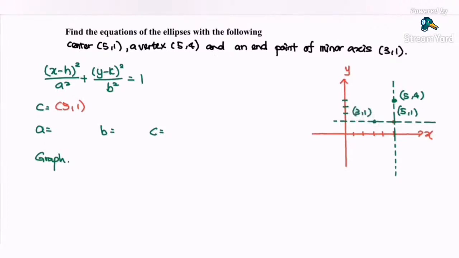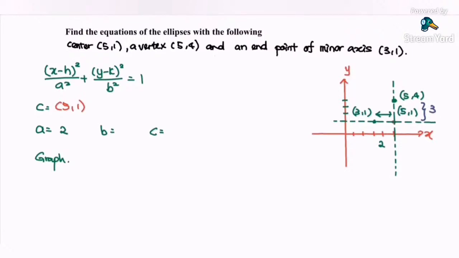Since this is the minor axis, the value of b is greater than the value of a, because the minor is only 2 units. So it refers to the value a, because it's on the x-axis. Next, we can refer to this part, and we notice that it is 3 units, so it is shifting around the y-axis.